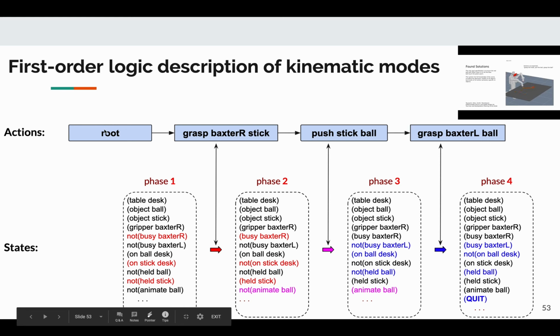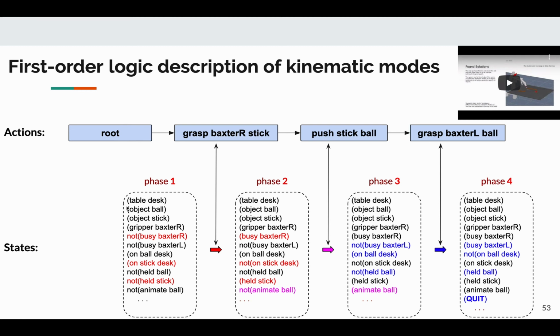Then we have such a concept as a state of the world, which means it's a number of facts about the world. And the facts are saved in a list structure, where we namely have descriptions of objects which are available and states and processes which are available in the environment.